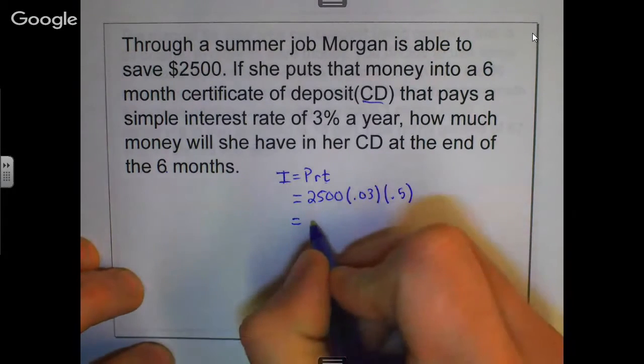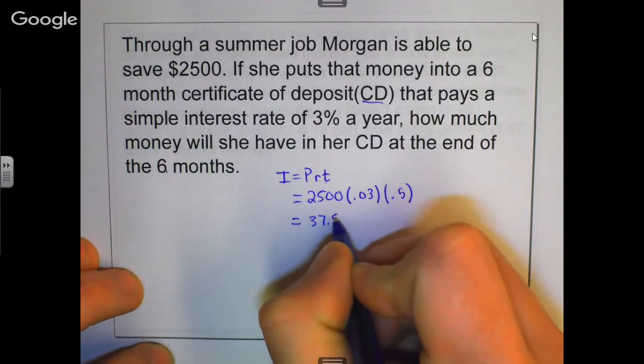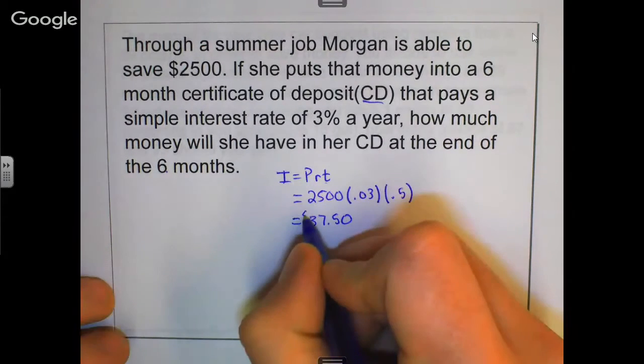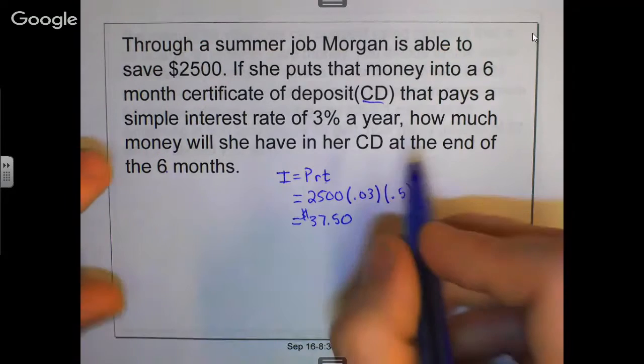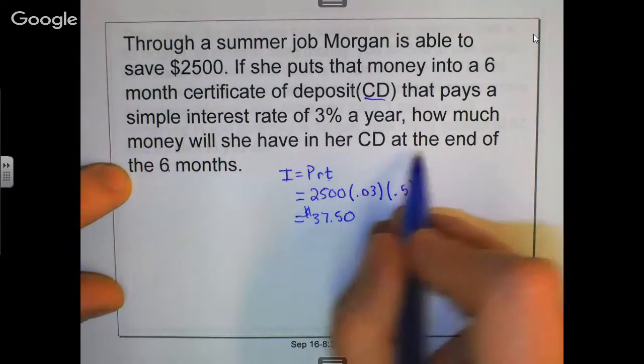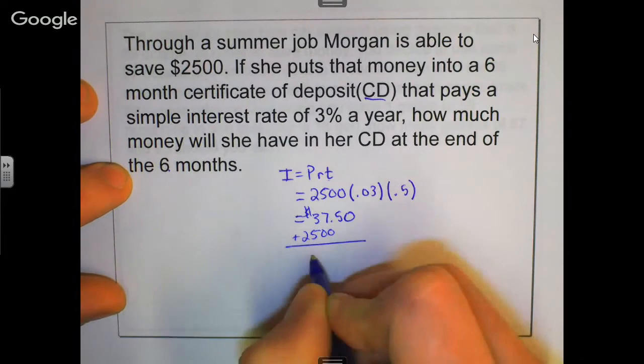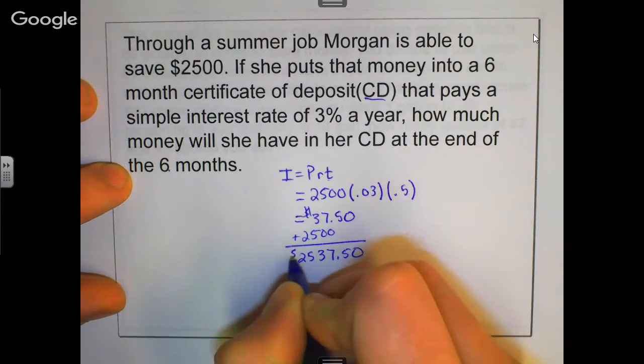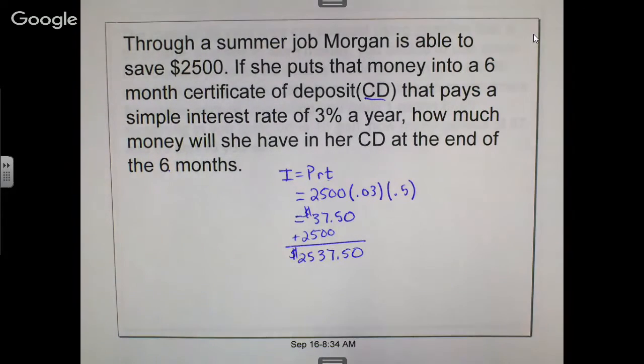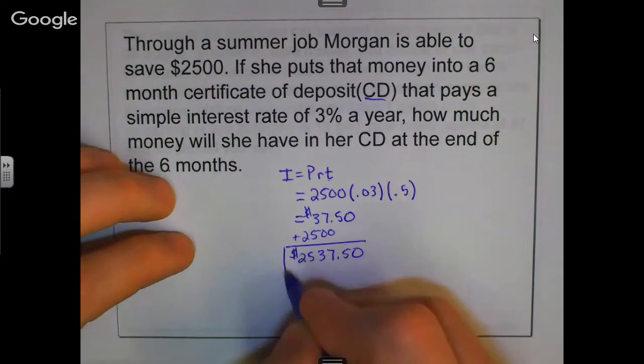And we'll get 37.50. Okay, that's how much she's making at 6 months. But it says how much is in her CD at the end. Well, we also put in the $2,500. So then we have 2537.50. That's how much is in her account after 6 months.